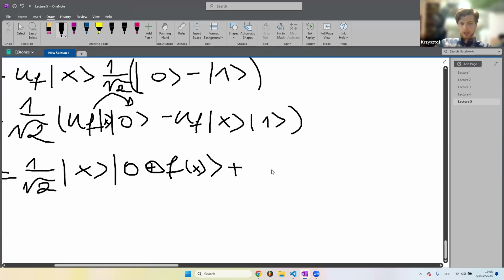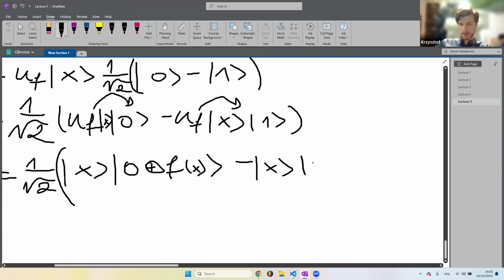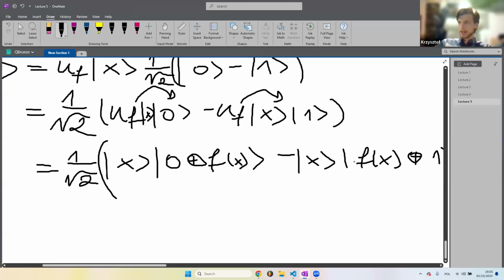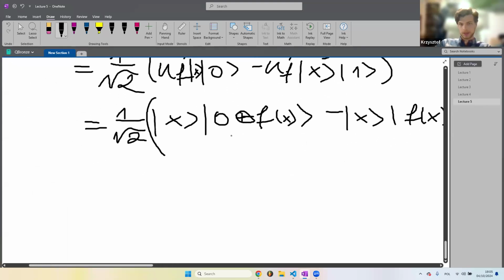This is long continuous calculations, but hopefully we will manage to do it. And also x. Now this unitary operator applied to this state will give us minus x and f of x, binary addition to 1. And now we will rewrite, get rid of this summation here.